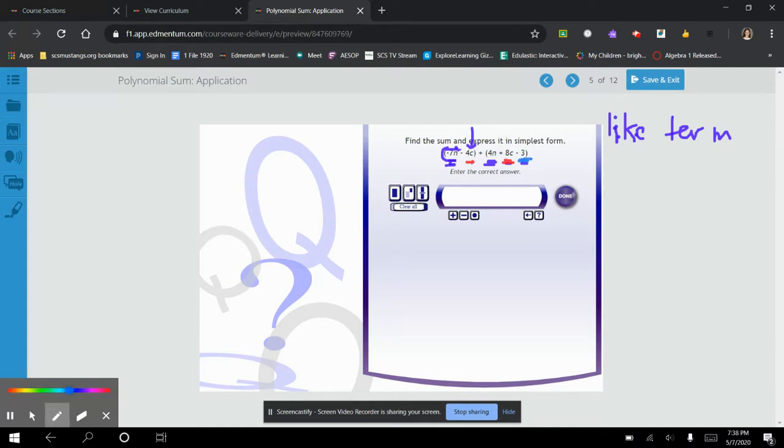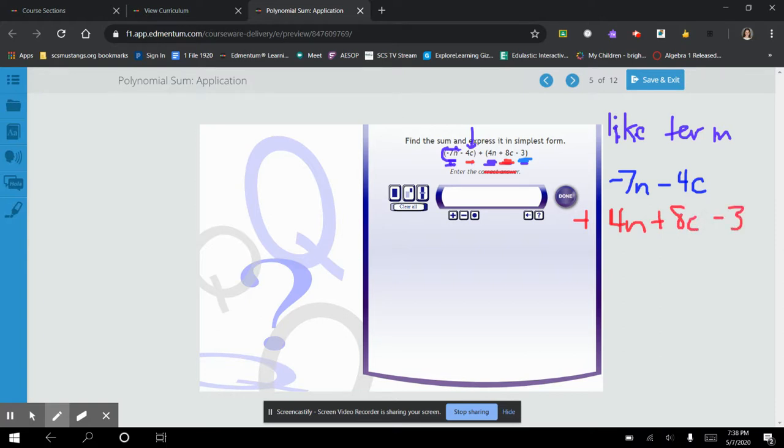I'm going to start with the first one that they write, and that one's always going to go on top. So I'm going to have negative 7n minus 4c, and then I'm going to add up the like terms from the second one. So I'm going to add 4n plus 8c minus 3.